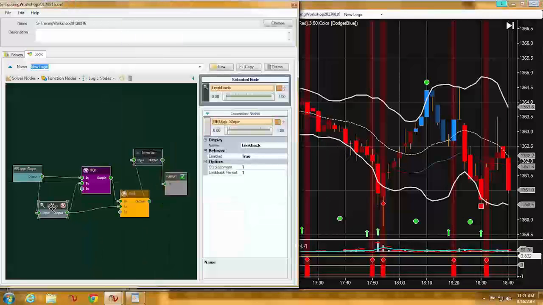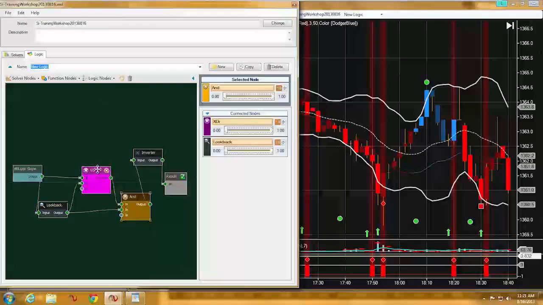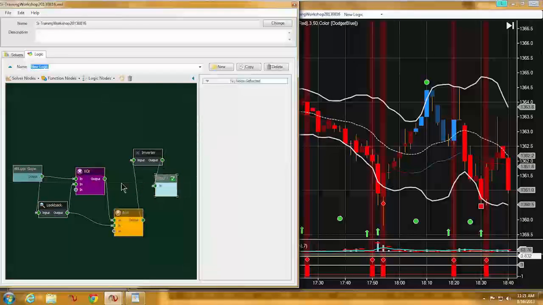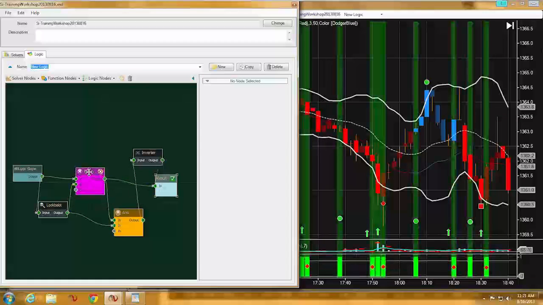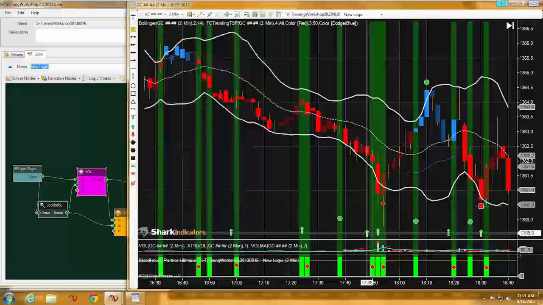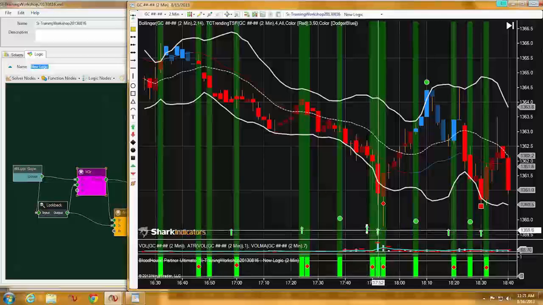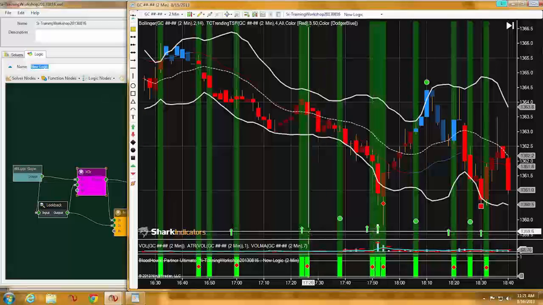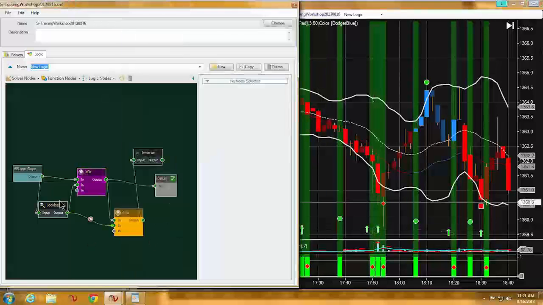So, all right, let me explain what I saw here with this AND node. When we're looking at the XOR node, what I noticed is, remember the arrows here, these arrows are marking the first entry bar.